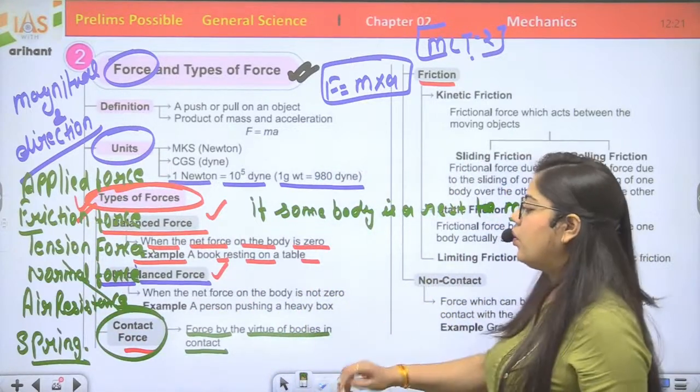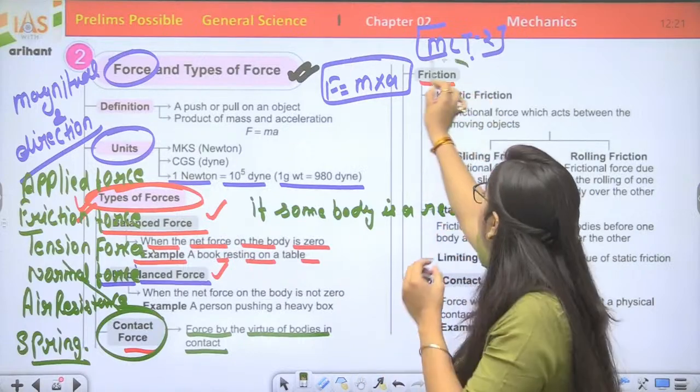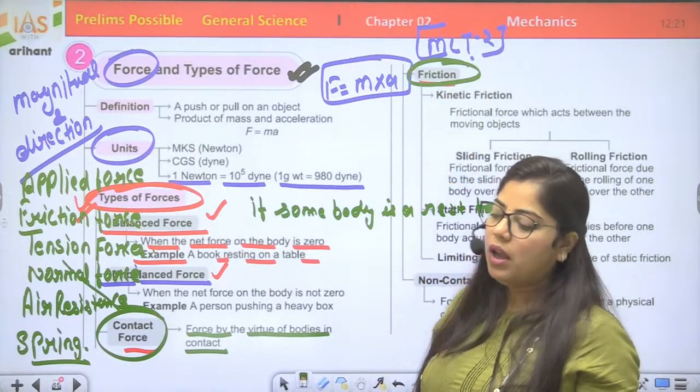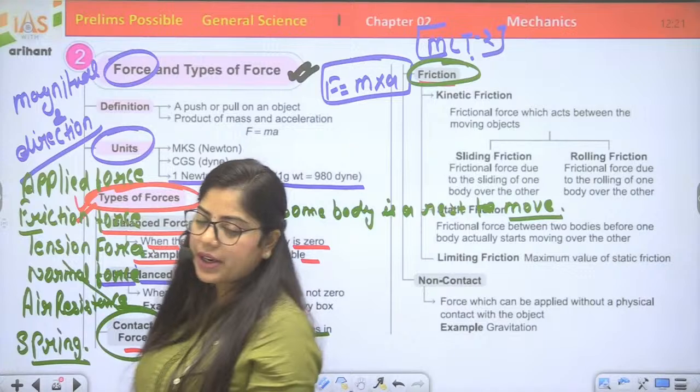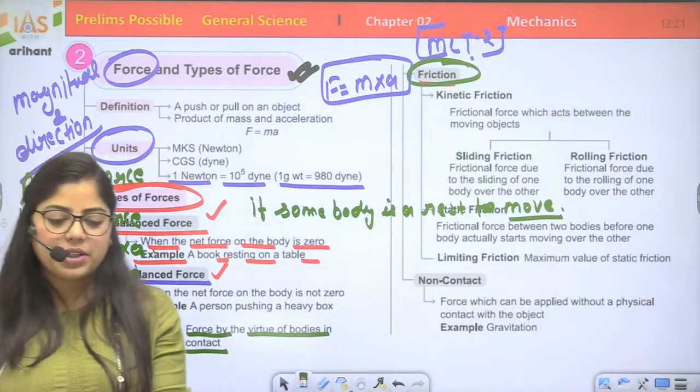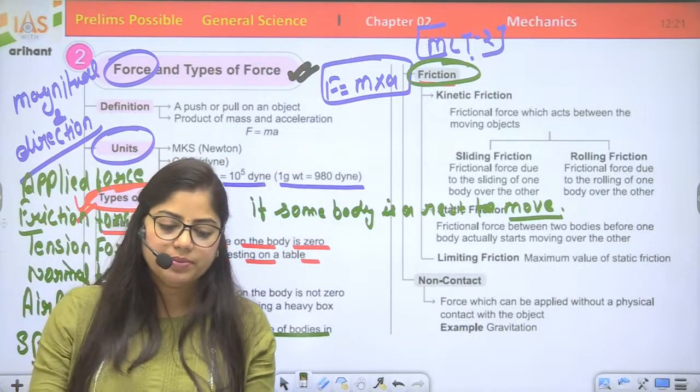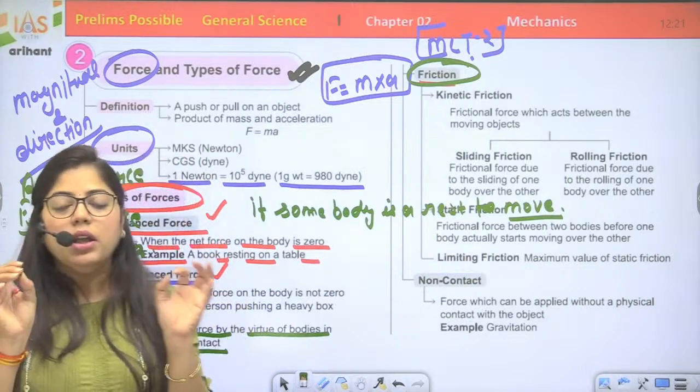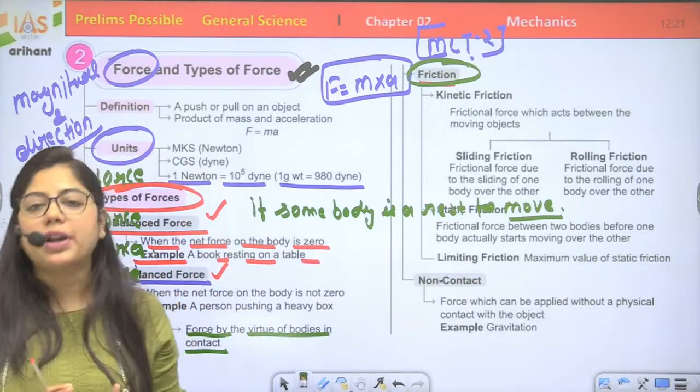Clear? Now first we are going to study friction force. What is friction force? There are several types of friction force.